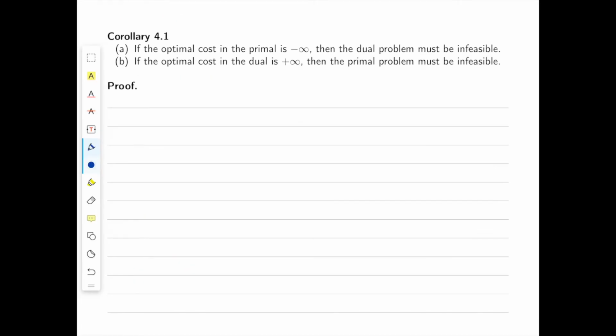Let's start with the proof of A. We assume that the optimal cost in the primal is minus infinity. We prove this statement by contradiction.